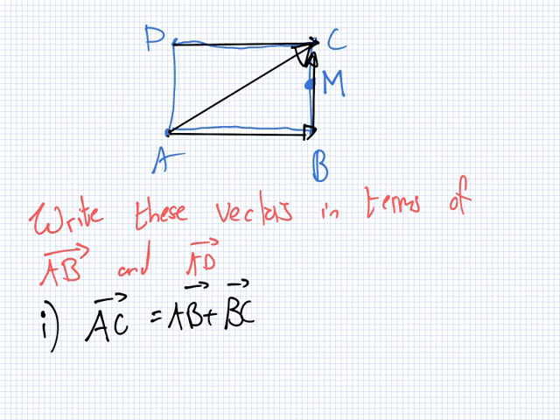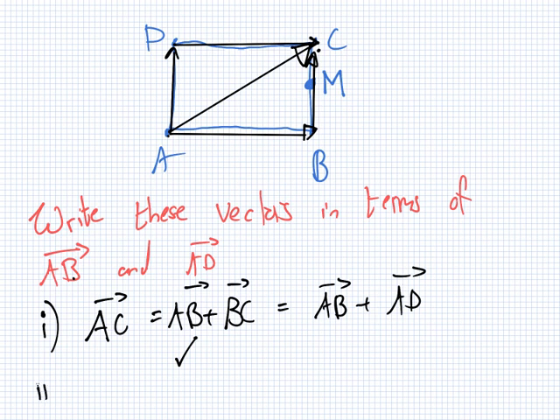Hang on, there's AB and AD. Oh no, sorry, AB is fine. Yeah, it's BC that's the problem. But you can see that BC is the same vector as AD. So you can actually change that into AD then.